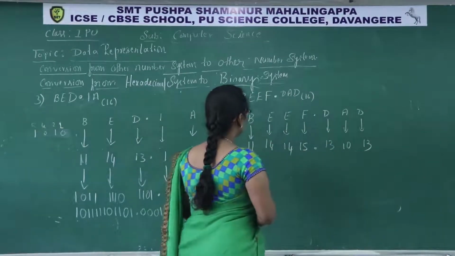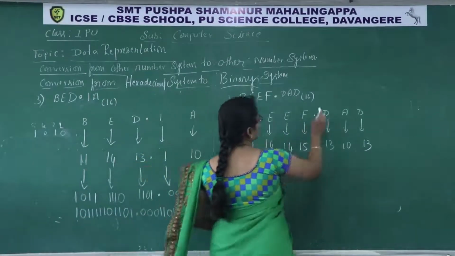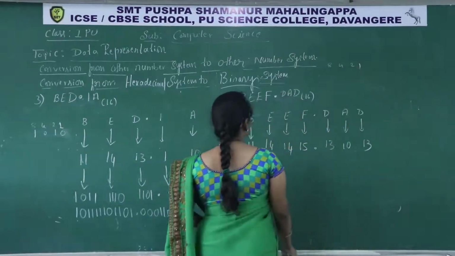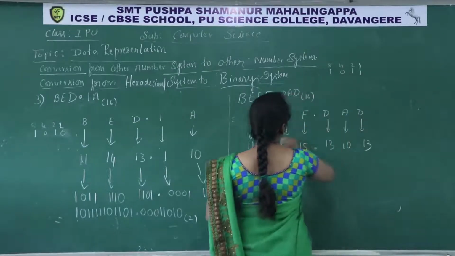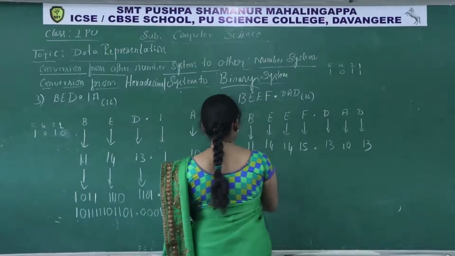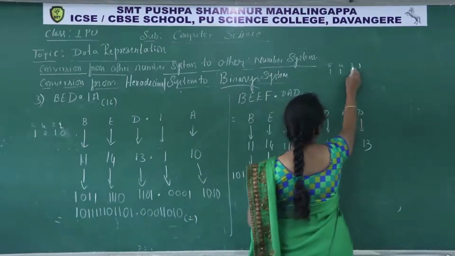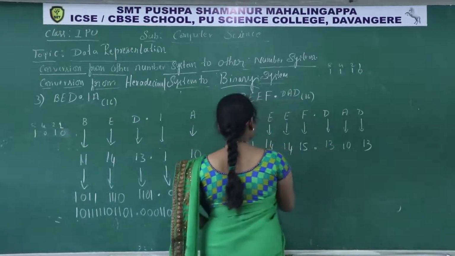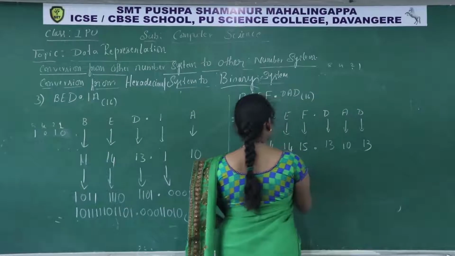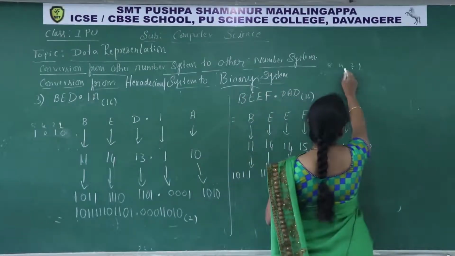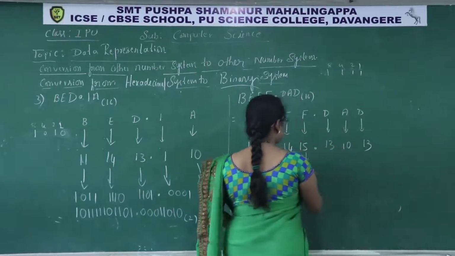Now, how to write 11 in 4-bit binary? Apply the 8421 method here. How to make 11? 8 plus 2 is 10, 10 plus 1 is 11, so 1 0 1 1. For 14, 8 plus 4 is 12, 12 plus 2 is 14, so 1 1 1 0, and again 1 1 1 0 for the second E. For 15, all bits are required: 1 1 1 1.